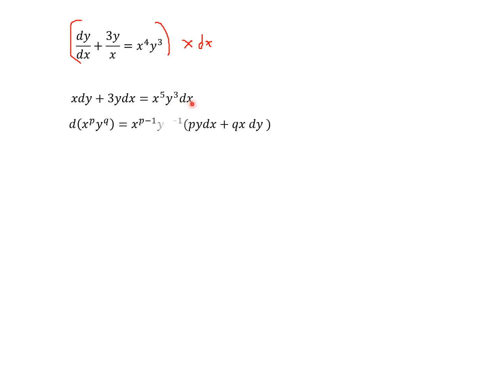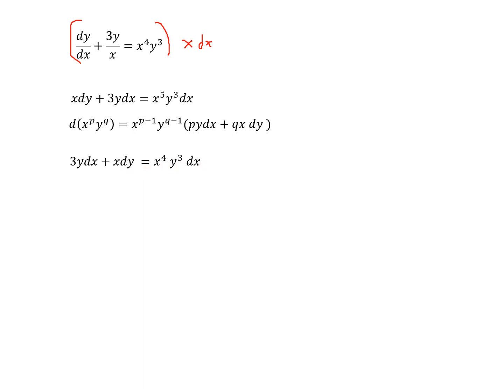There is a special DE integrating factor, that is the derivative of x to the p y to the q is x to the p minus 1 y to the q minus 1 times p y dx plus q x dy. Let us write this as 3y dx plus x dy is x to the 4th y cubed dx.